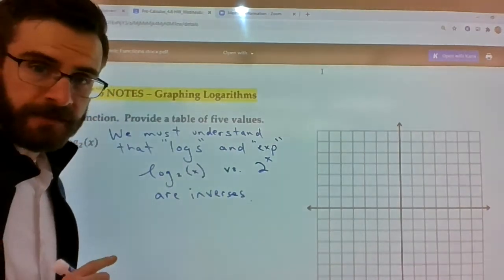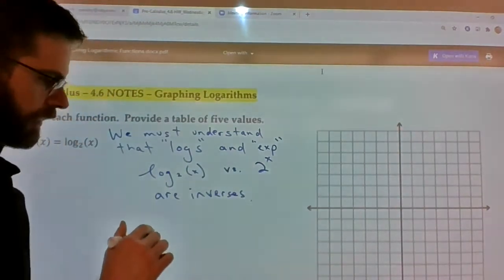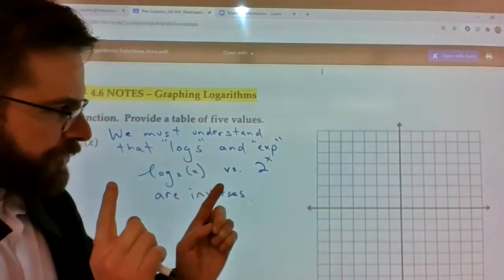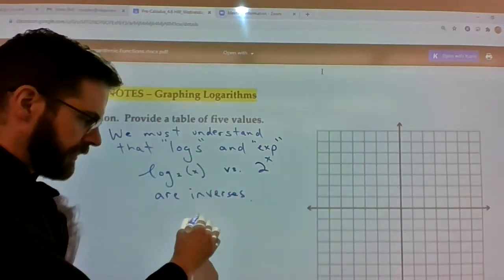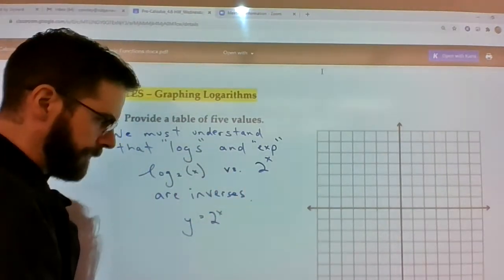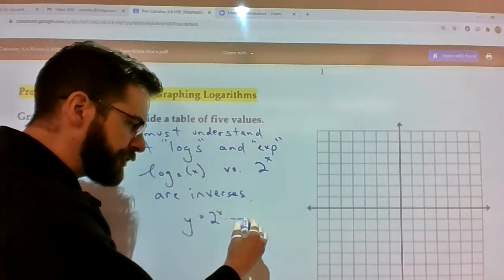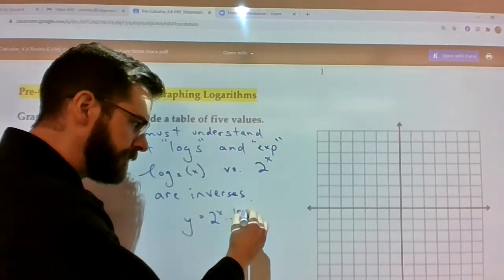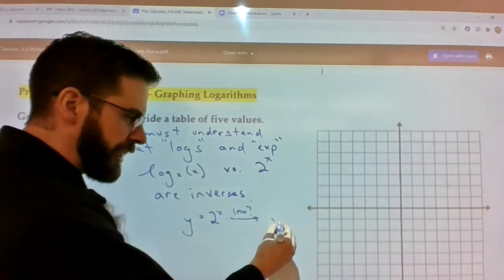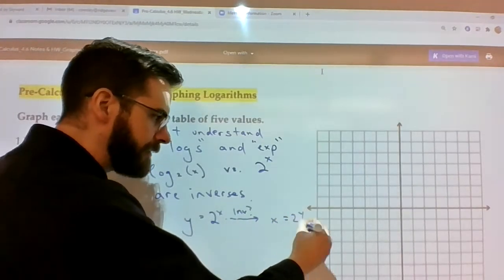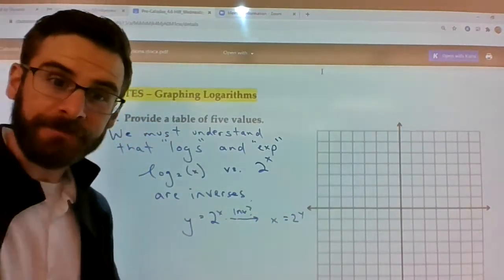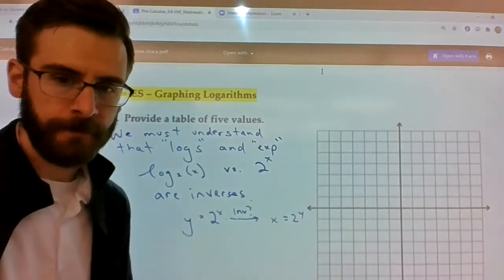And what that means is that if I were to take y equals 2 to the x power and try to determine the inverse of it, I would switch out the x and the y. And I'd have to solve for y now.